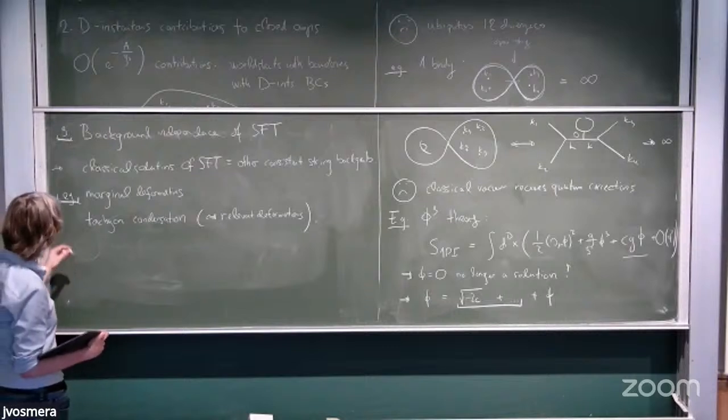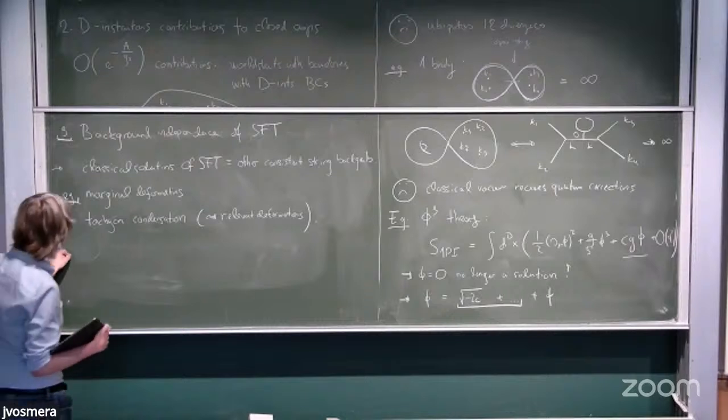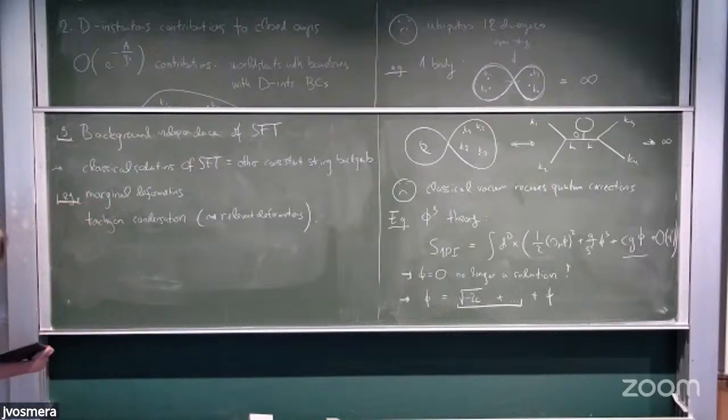So that's a famous problem of trying to formulate a worldsheet description in the background of non-zero Ramond-Ramond flux. Here you can immediately see a possible advantage of having a string field theory formulation at our disposal.